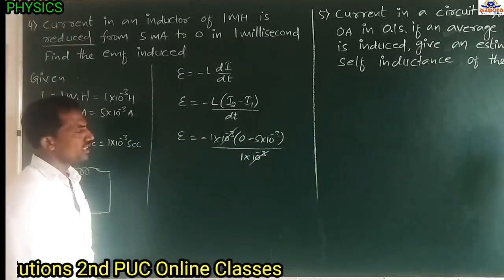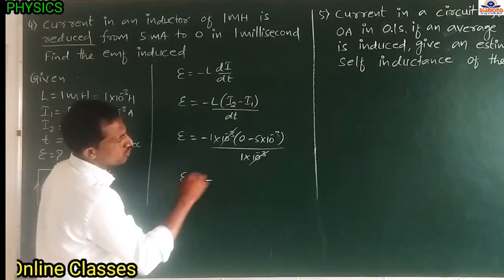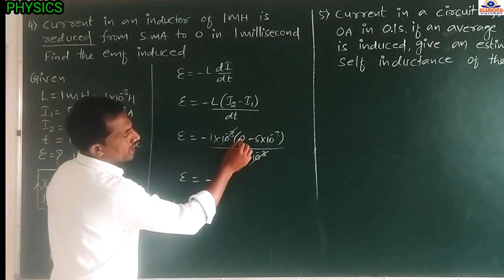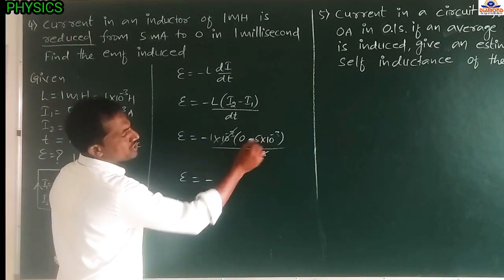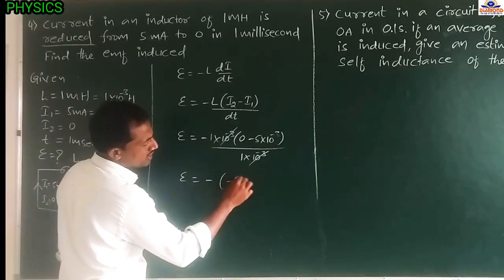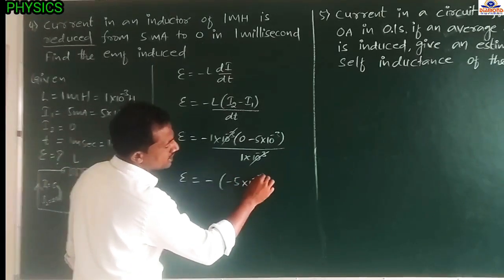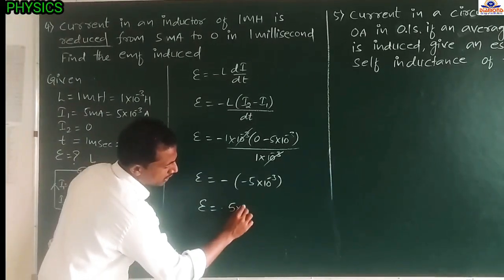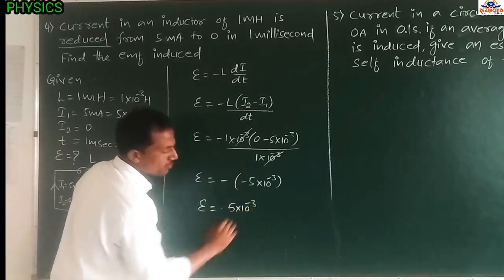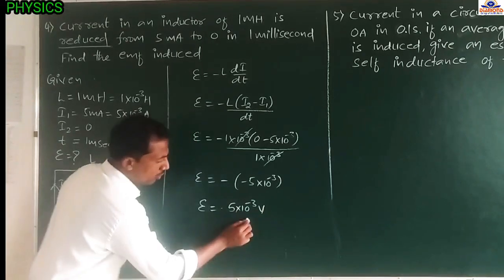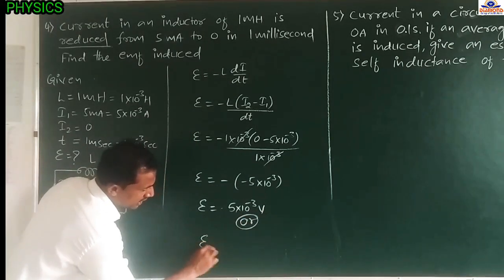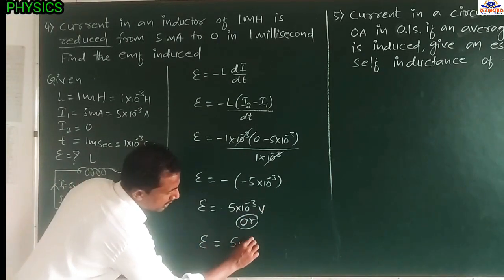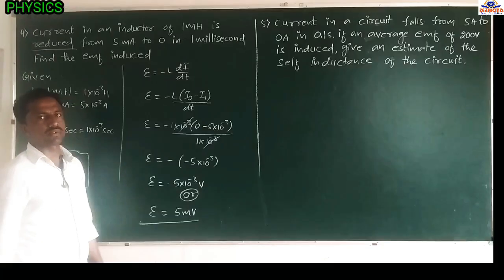So EMF equals 5 into 10 to the power of minus 3 volt, or E equals 5 millivolt. This is the first one.